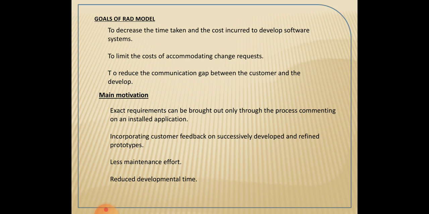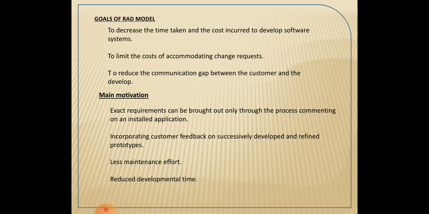and it also reduces the communication gap between the customer and the developers, because the customer can, at any point, suggest his requirements, and the development team meets the customer regularly and frequently, because the project is made incrementally, and each incremental development phase is shown to the customer, and the customer makes use of these functionalities.